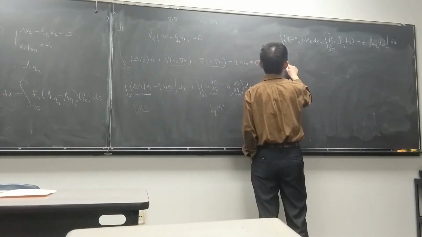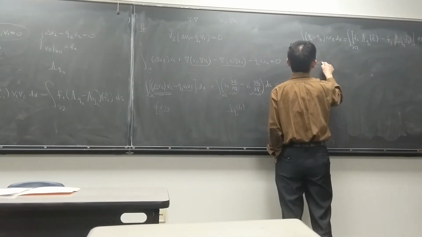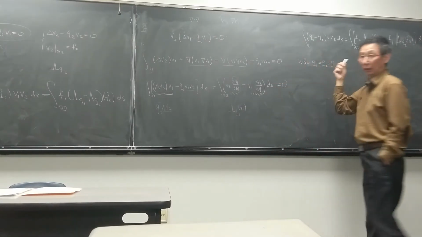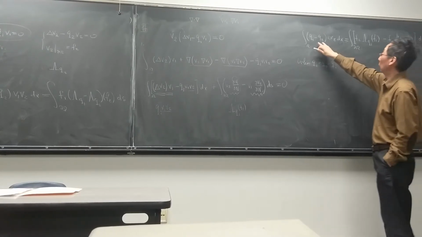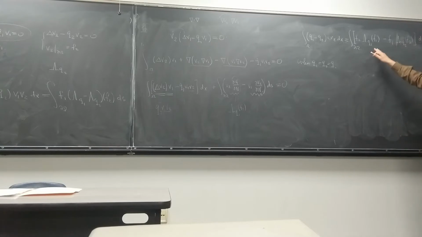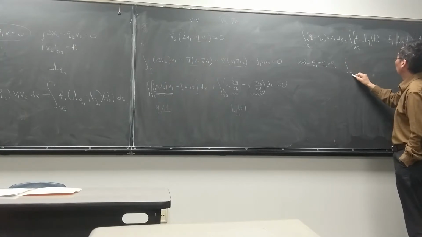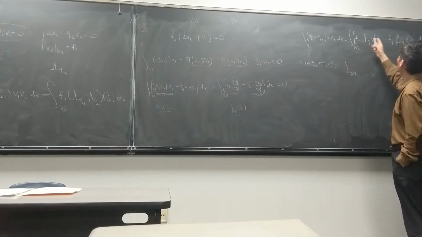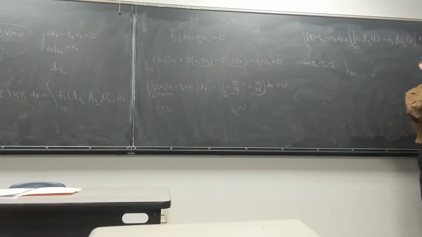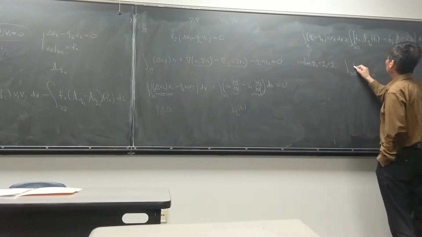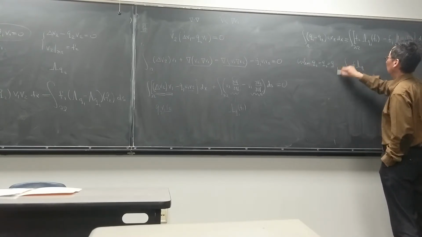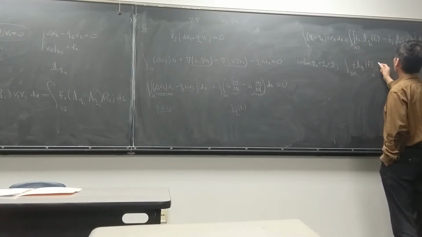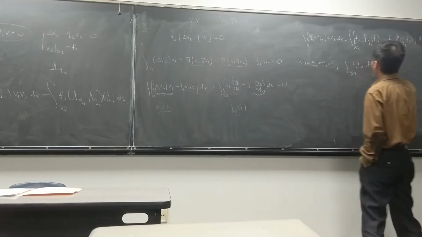So when Q1 and Q2 are both Q, suppose they're exactly the same. Now what kind of consequence do we get from here? Then the left side becomes 0 because Q1 minus Q2 becomes 0. Now what is the message coming from the right side? The right side is the integral over the boundary of omega.